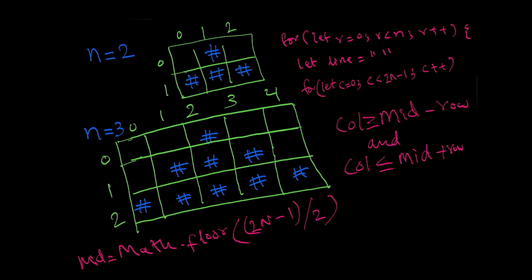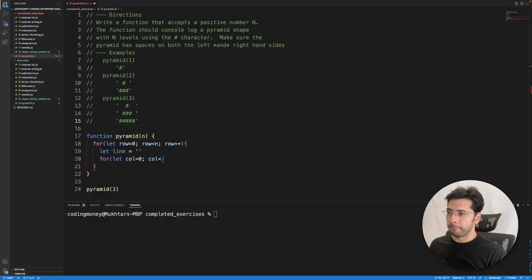Okay, so now that we have figured that out, it is so much easier to write the code. So let's hop on to Visual Studio Code and write the code for this one. All right, as I've explained to you on the blackboard, we now know the number of columns. That is 2n minus 1, and then column plus plus.